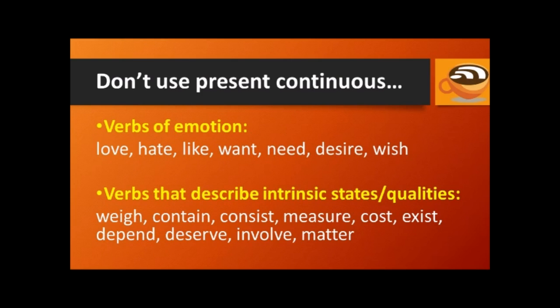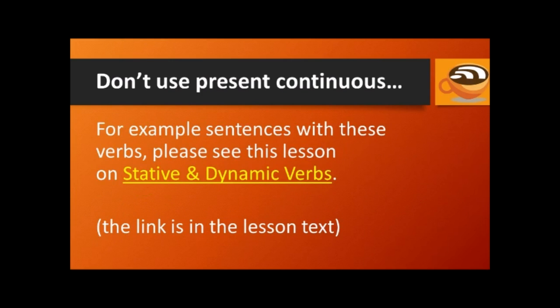Verbs of emotion like love, hate, like, want, need, desire, and wish. And verbs that describe intrinsic states or qualities like weigh, contain, consist, measure, cost, exist, depend, deserve, involve, and matter.